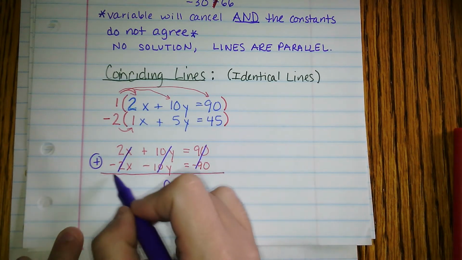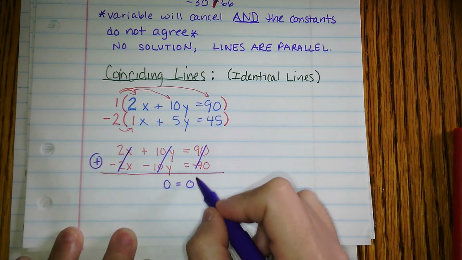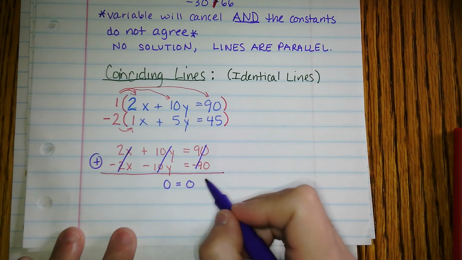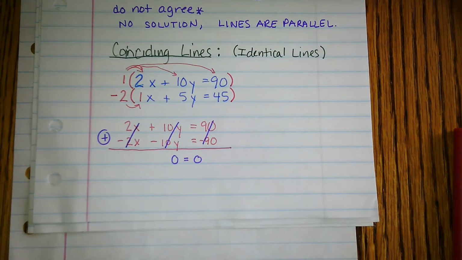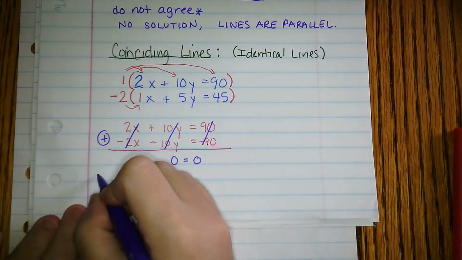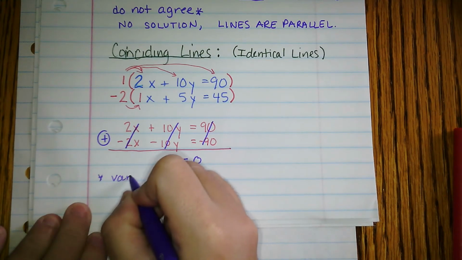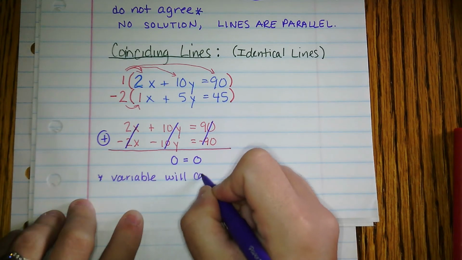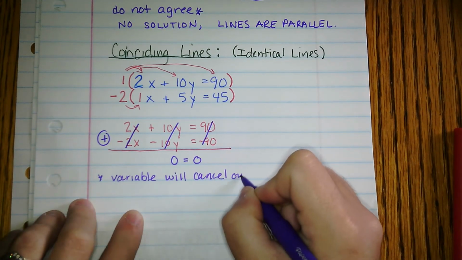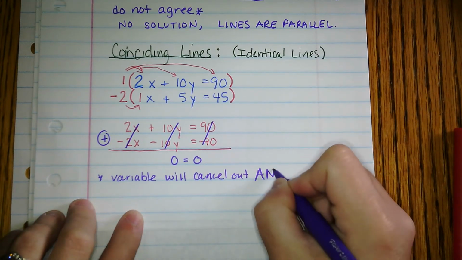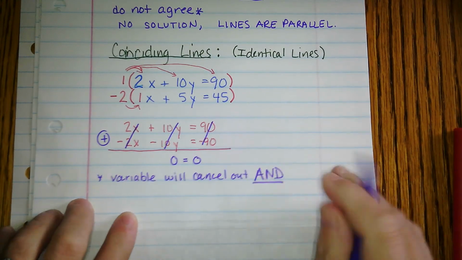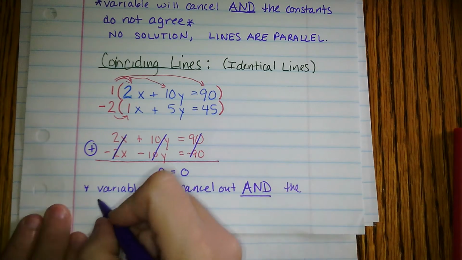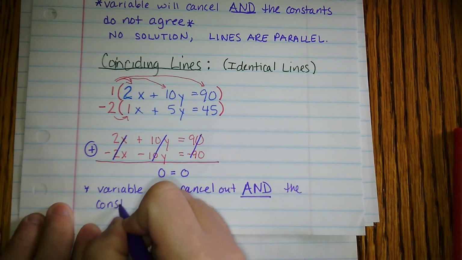There's nothing left on the left side, nothing left on the right side, and you end up with agreement. So you will be coinciding when your variables cancel out and the constants agree.